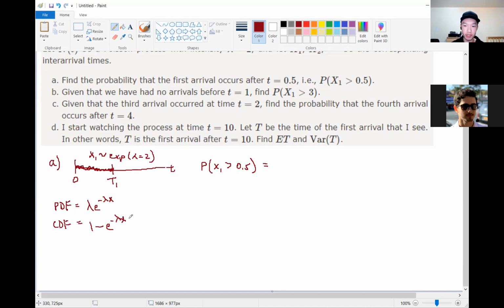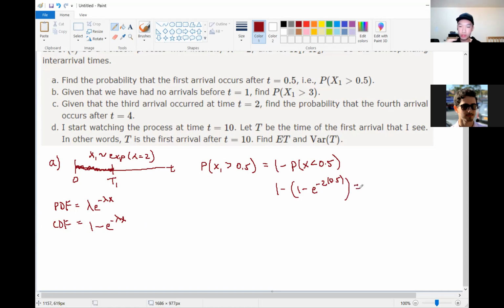So CDF, if you guys recall, is the left-hand side of a certain position. Okay, so we should be able to find the CDF, so 0.5, and then it's just the inverse of that. So this would just be 1 minus the probability that x is less than 0.5, which is 1 minus e to the negative 2 times 0.5.